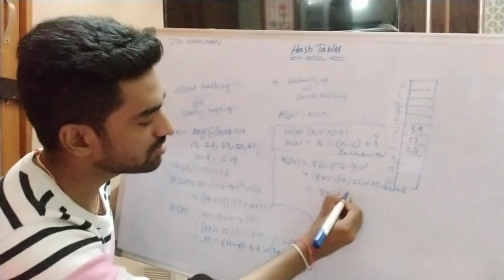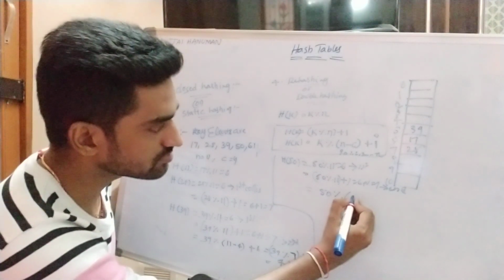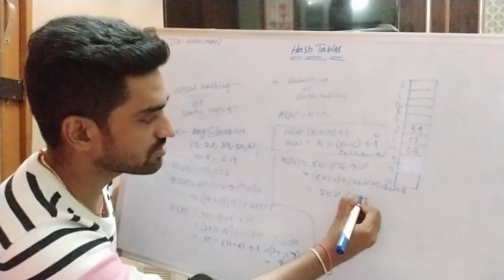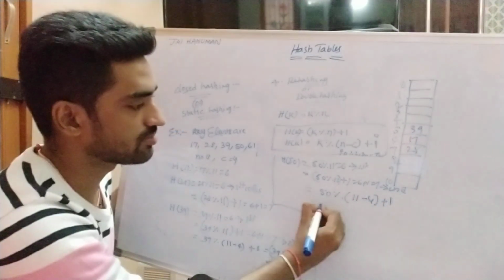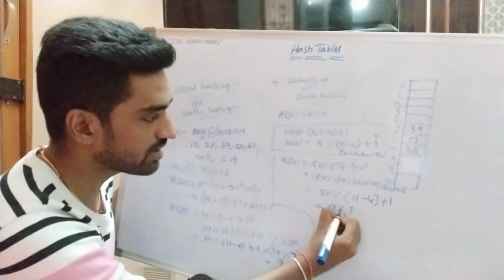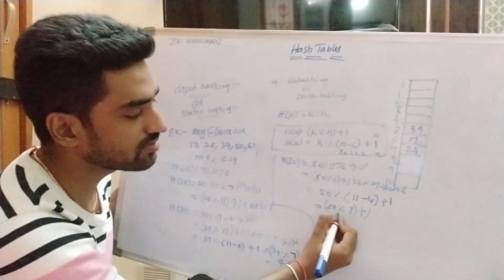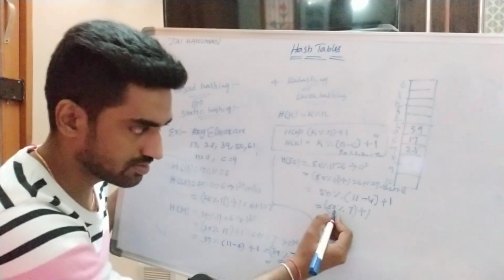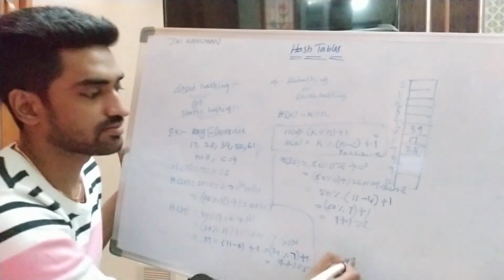50 modulo division of, what is the n value? N is nothing but size of the hash table. 11 minus c, 4, plus 1. So 50 modulo division of 7 plus 1. 7 sevens are 49. 1 plus 1, which is equivalent to 2.